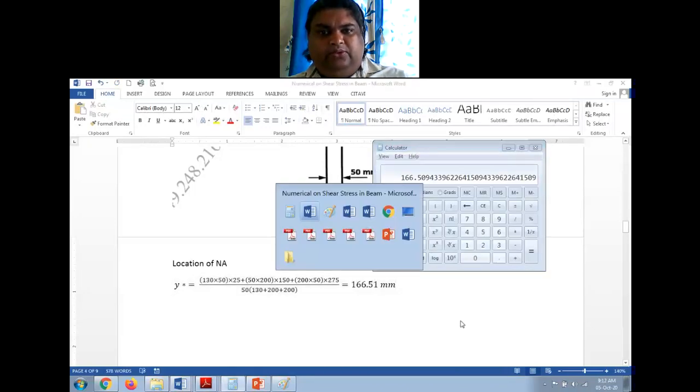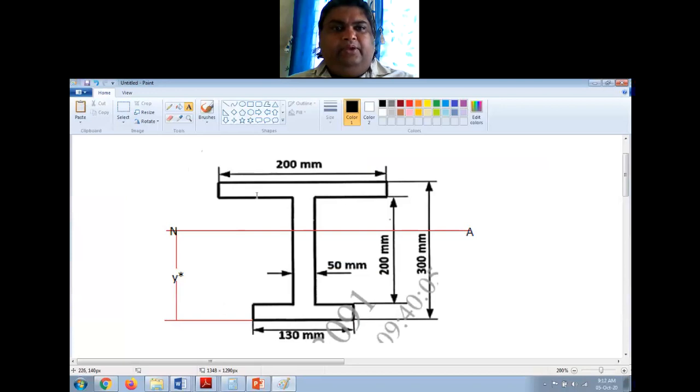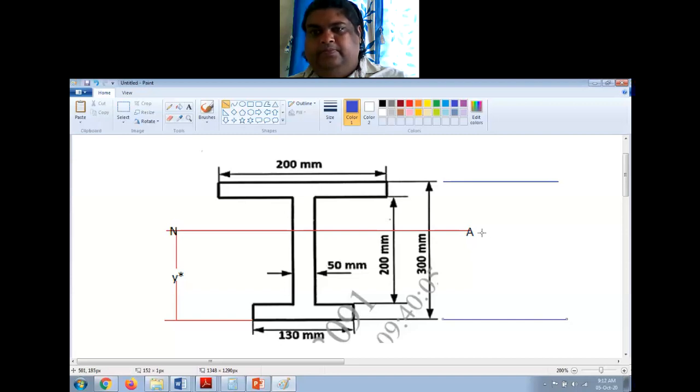Now let me go back to this diagram. Here, what I will do is I'm just naming or making few more dimensions here. Okay.